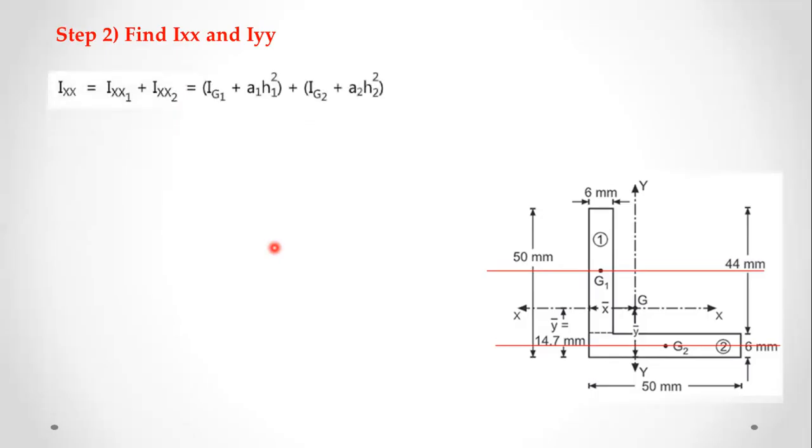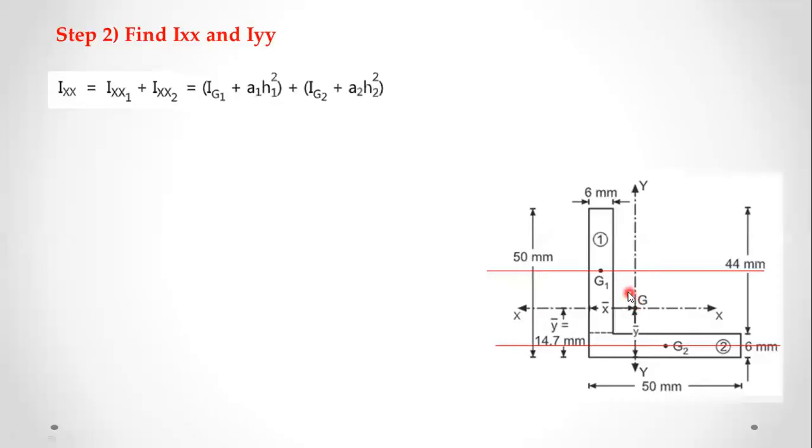First we are going to find Ixx. Ixx is the summation of Ixx1 plus Ixx2: the moment of inertia of the first rectangle about the x-axis and the moment of inertia of the second rectangle about the x-axis.